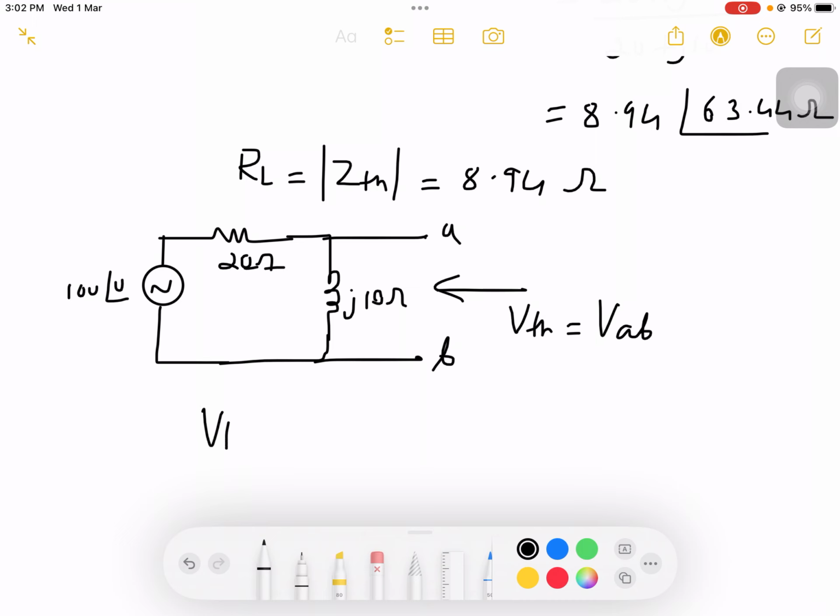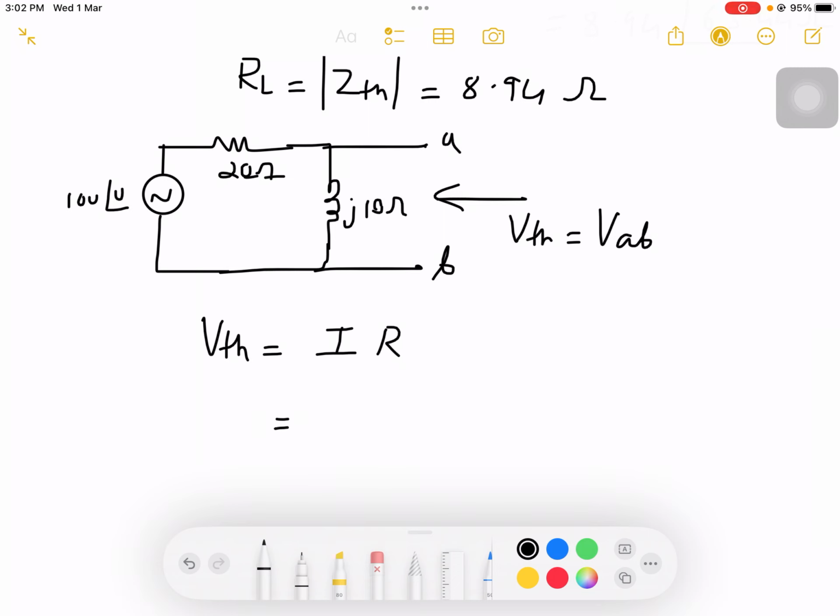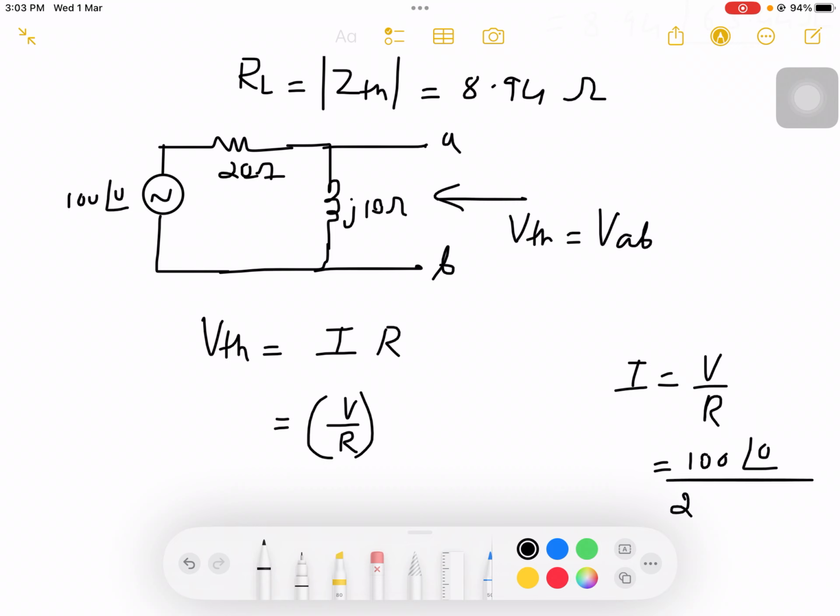VTH will be equal to V is equal to I into R, where I is equal to V by R. So V is given as 100 at an angle 0 divided by 20 plus J10.